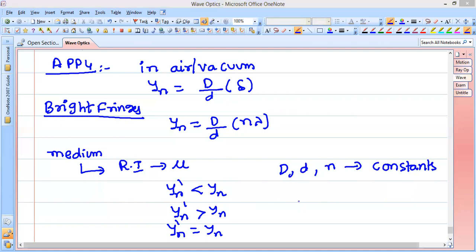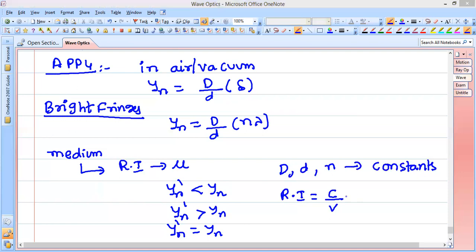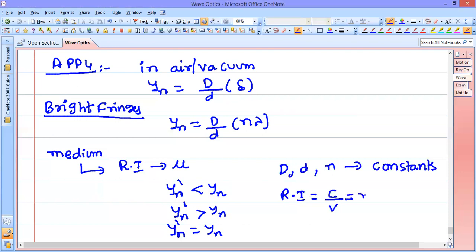We know that by definition, refractive index is equal to C by V. Speed of light means frequency times wavelength.